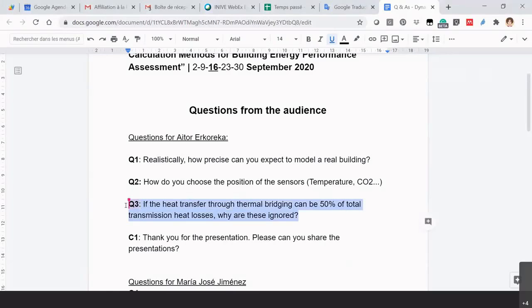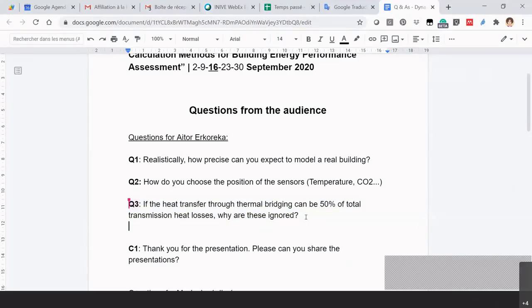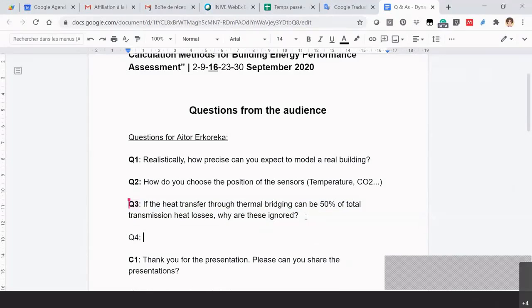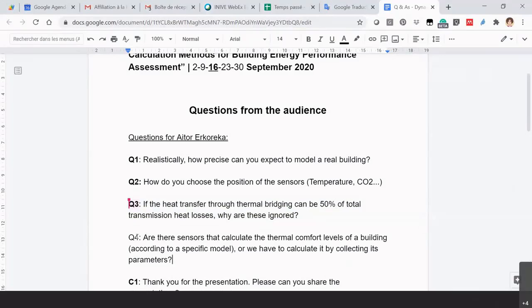Okay, question 3. A third question is, if the heat transfer through thermal bridges can be 50% of total transmission losses, why are they ignored? This is a very good question, a key question, because if you have thermal bridges, it might be that the UA value of the whole building envelope, including the thermal bridges, is much bigger than the UA value in the design phase of the building.